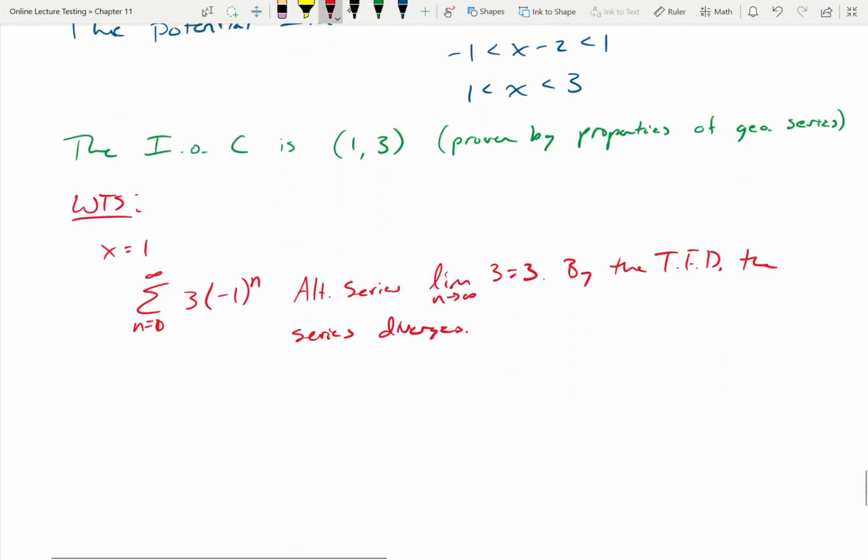Likewise, when x is equal to 3, we get the series as n goes from 0 to infinity of just 3, which is divergent. So by the test for divergence, the series diverges.